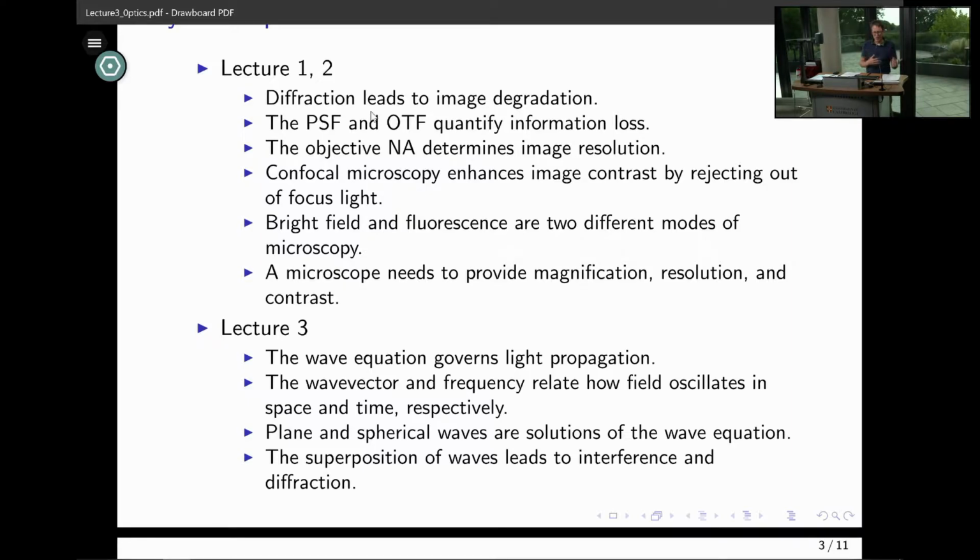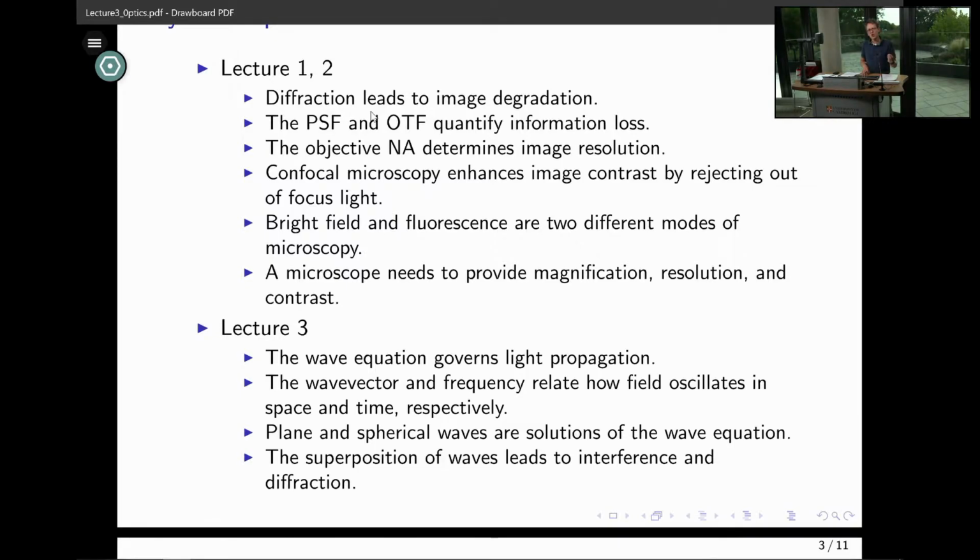And so OTF and PSFs are alternate versions of the same thing, really. It's just that for some concepts it's nicer to talk about spatial frequencies, and in others it's better to talk about the spatial coordinates of the sample.